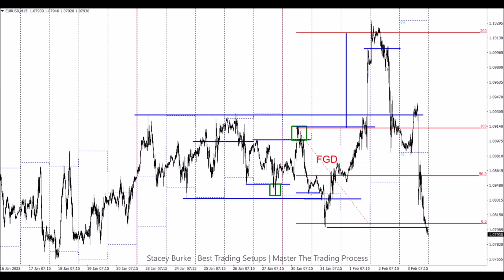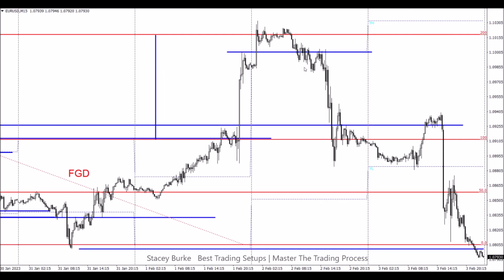In our gap time, lower highs, lower lows on day 3 after a failed breakout. So remember, hindsight is one thing.